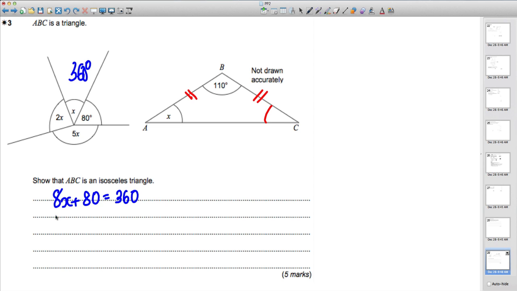Let's solve for x. Take away 80 off both sides. 8x therefore must be equal to 280, and therefore x must be 35.